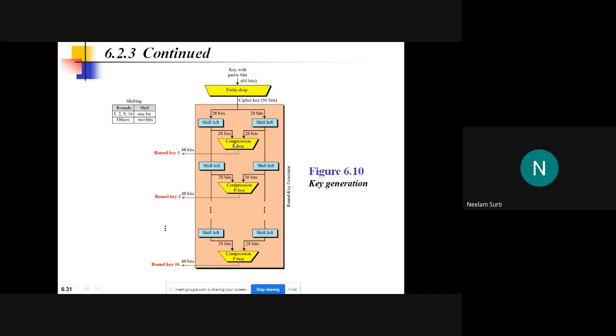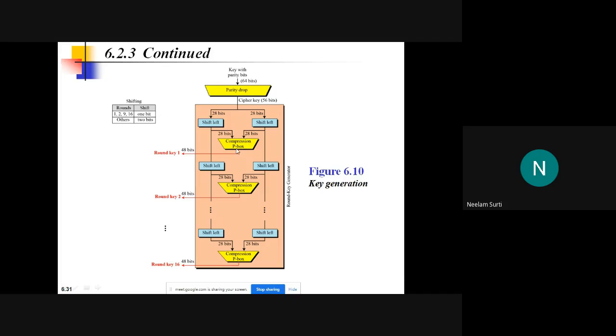This 56 to 48 bit compression is done by the compression P box because these 48 bits are taken for XORing with the 48 bits you get when doing the expansion from 32 to 48, the expansion P box we saw for plain text in the round function. So the round function XORing is done with these 48 bits.